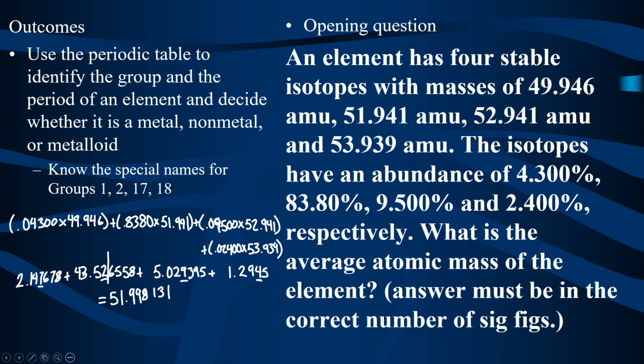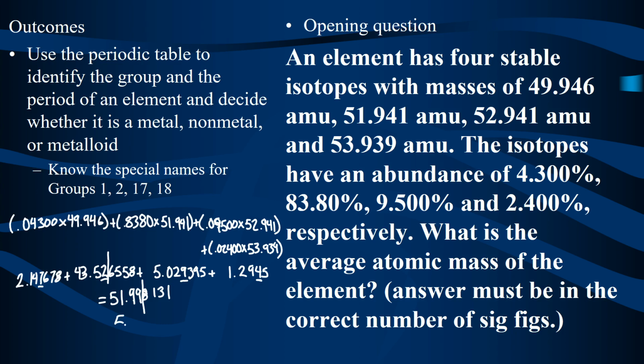When we're adding or subtracting, the number of decimal places drives our answer, not sig figs. So our answer can only be 2 decimal places, but I have 51.998. How would I round that to show 2 decimal places? What should our answer be?